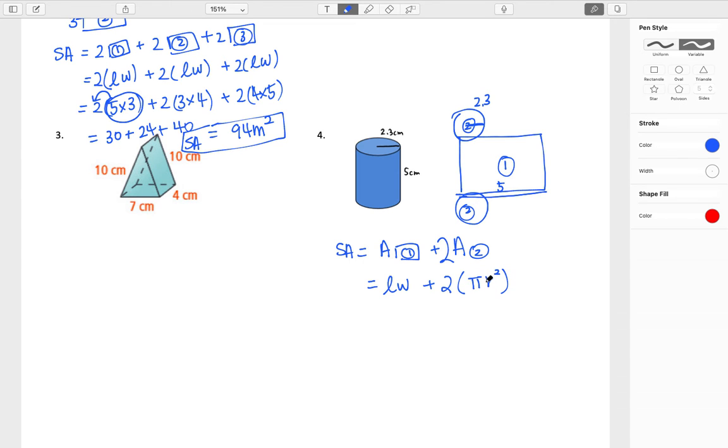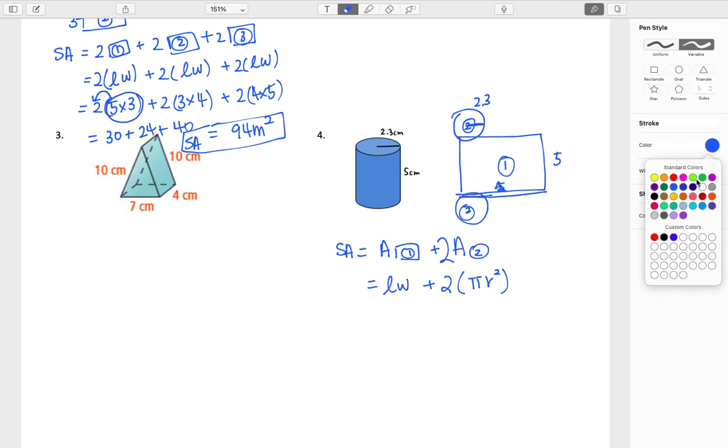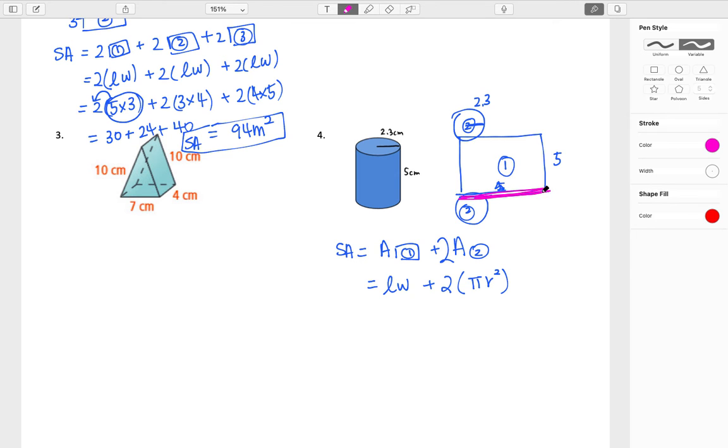Now we know the radius and the width, but we don't know this length, right? It's not given. To find it, you can derive it, because it's going to surround the whole circle when you wrap it around. So the length is equal to pretty much the circumference of a circle.